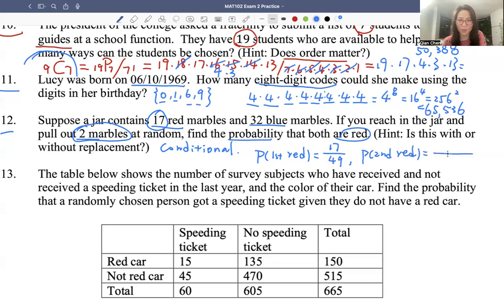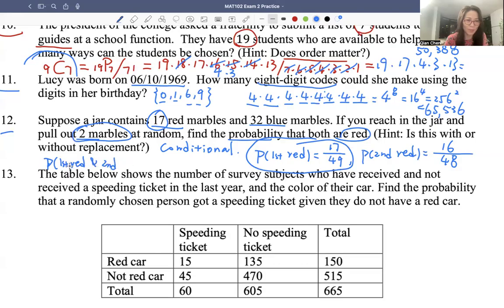So the first one, probability the second one is red. Now, how many marbles in the bag? 48, because 1 is already out. So 49 minus 1, 48. And how many red marbles there? 16. Right, because we already consider here, first one to be red. So the second one, we have 16 over 48. Now, probability of the first one red and second one red.